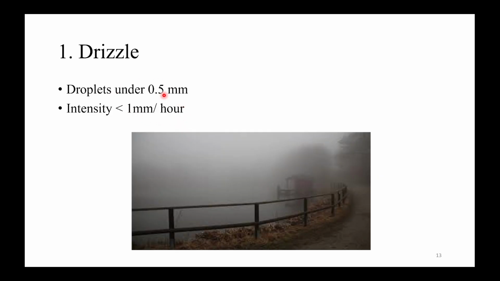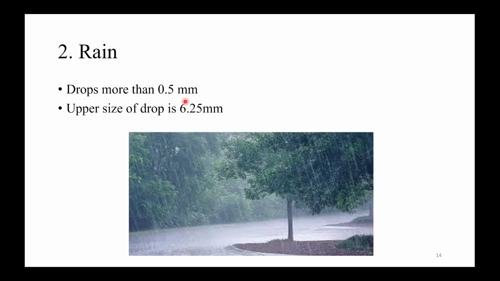Now when the droplets become greater than 0.5 mm, naturally we call it rain. Rain has drops more than 0.5 mm, and the upper size of the drop is limited to 6.25 mm. Then we are able to classify the precipitation as rain.